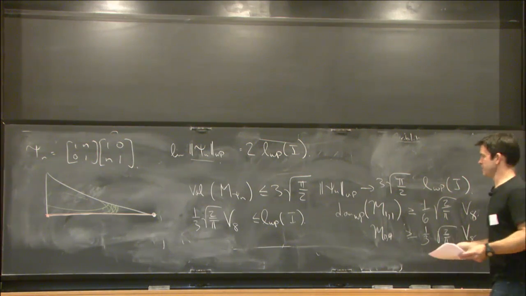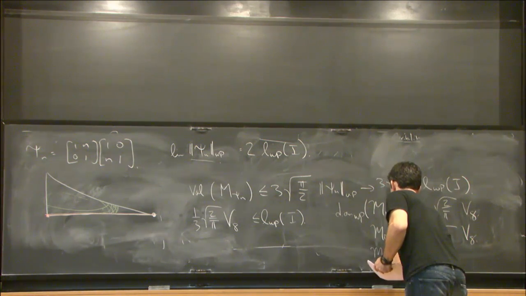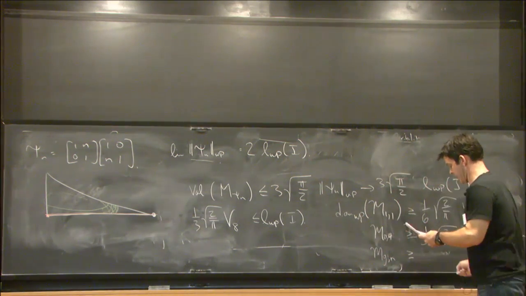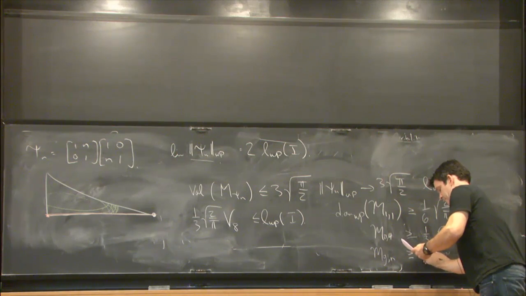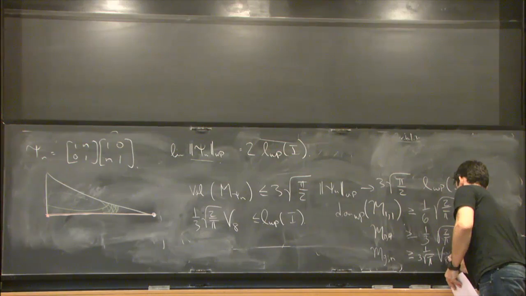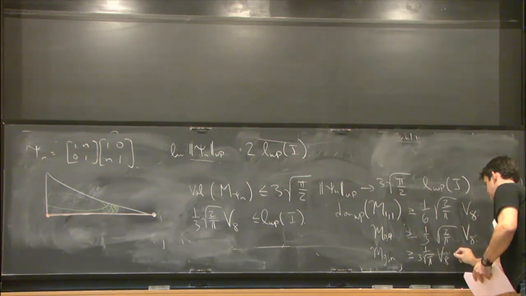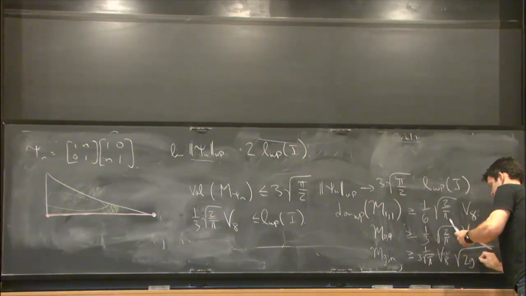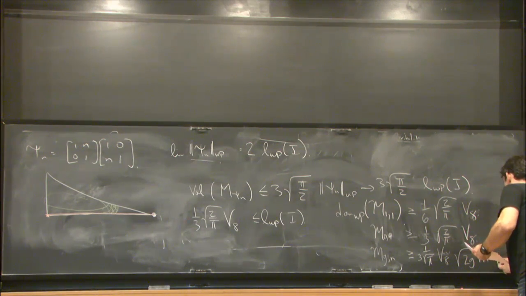In general, for moduli space of genus g with n punctures, the diameter is bounded below by 1/3 root pi times this V8 times the square root of 2g plus n minus 4.